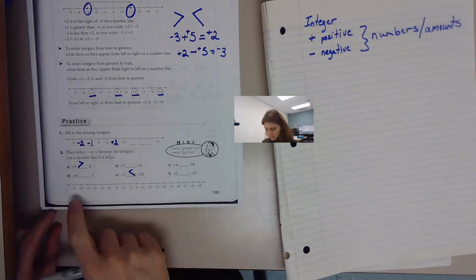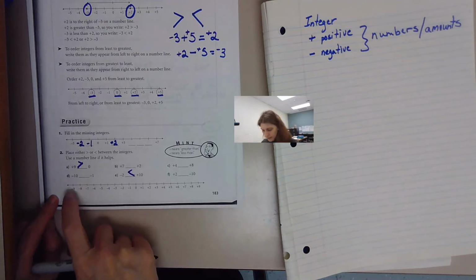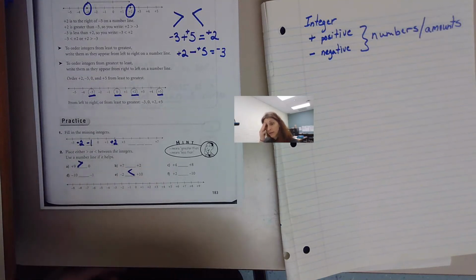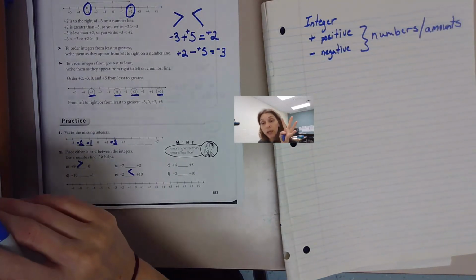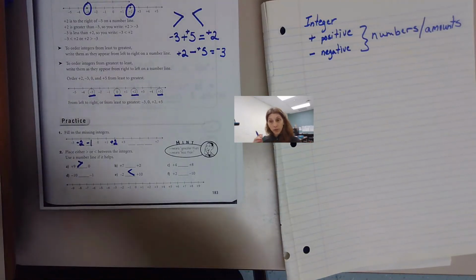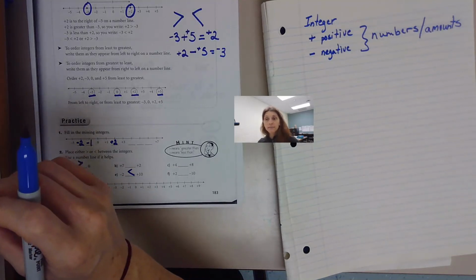But how about this one? Let's go back to D. Which one's larger? -10 or -1? This is where it gets tricky because we are used to thinking that the larger a number, the bigger it is.